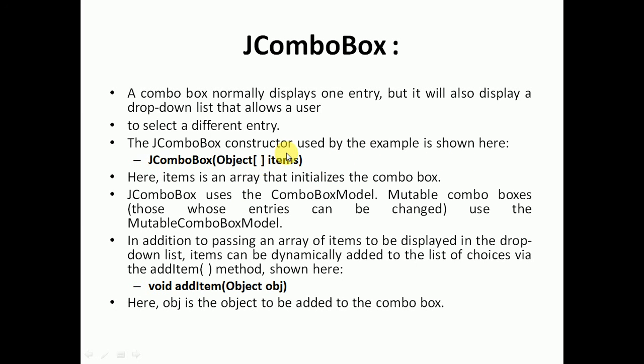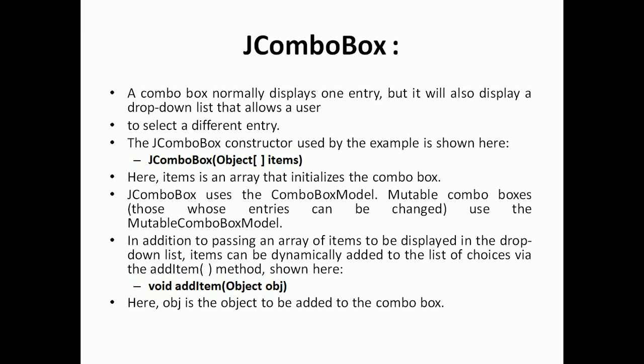We need to add a single dimensional array, some elements, to the combo box. Then items is an array that initializes the combo box. Then JComboBox uses the ComboBoxModel. Mutable combo boxes use the MutableComboBoxModel. Mutable combo boxes are nothing but those whose entries can be changed.